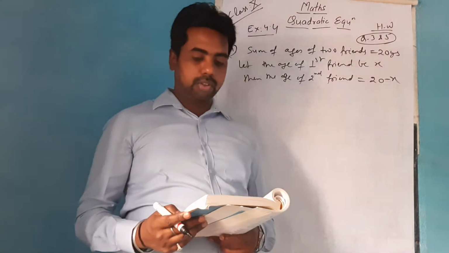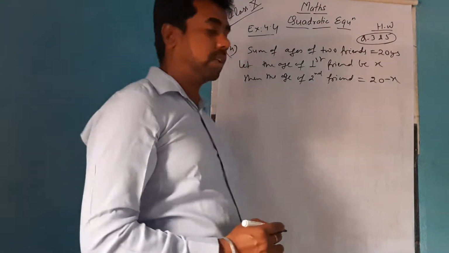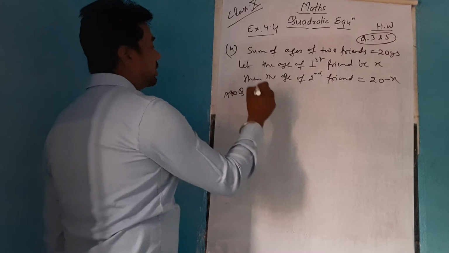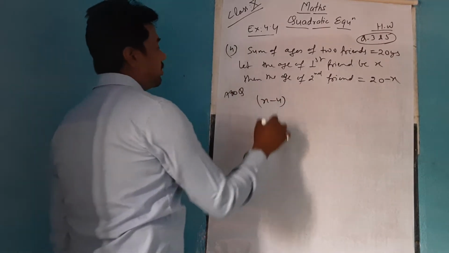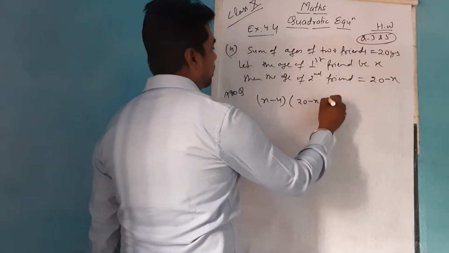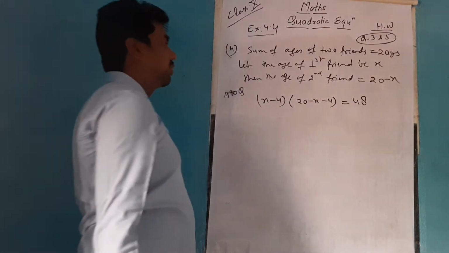Now it is given that 4 years ago the product of their ages in years was 48. So 4 years ago, the age of the first friend decreases by 4 and the age of the second friend also decreases by 4, and the product of their ages is 48.